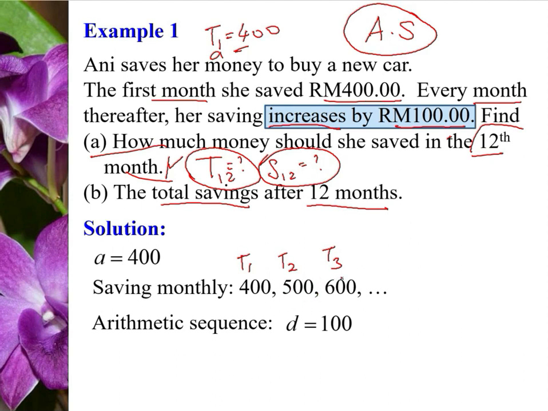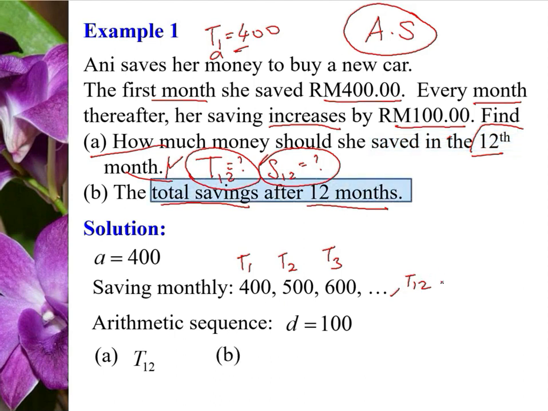Okay, and so on. So question A means that we want to find how much money she saved in the 12th month. That means finding T12. And for B, total savings after 12 months means we want to find the sum of all of the months that she has saved until the 12th month.